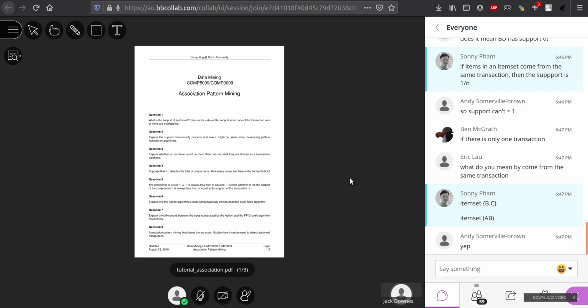And it reduces the size of the search space, so that's how it increases its performance. Exactly. Okay, thank you, Jack. I think that's the answer that I was looking for.